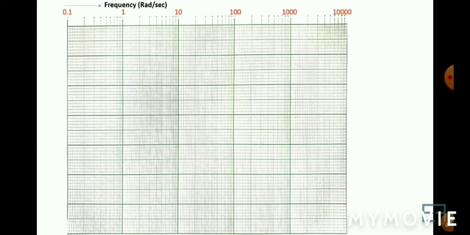Now omega equals to, this is 1, we will take one reference line.